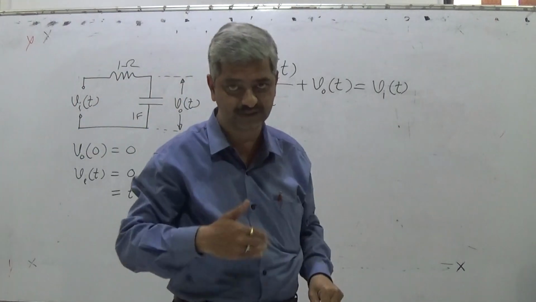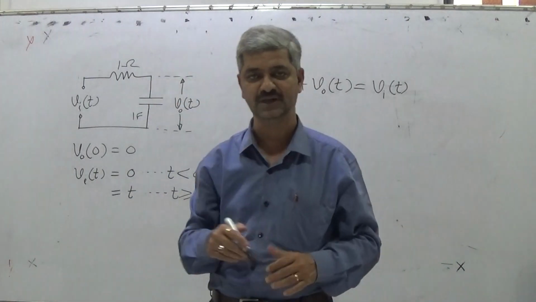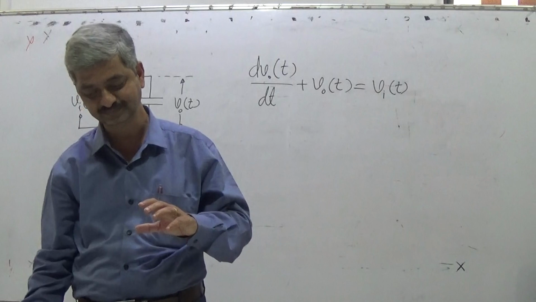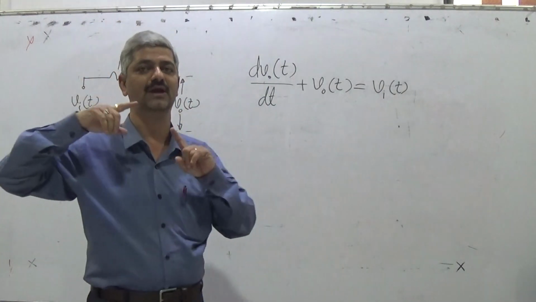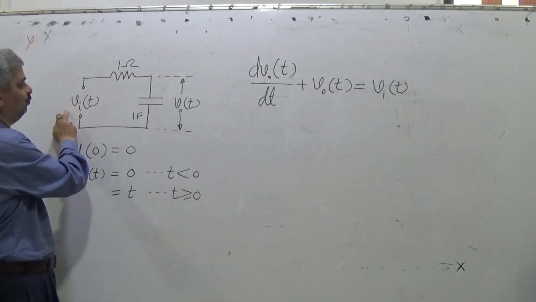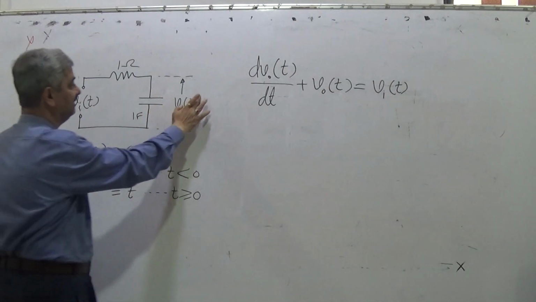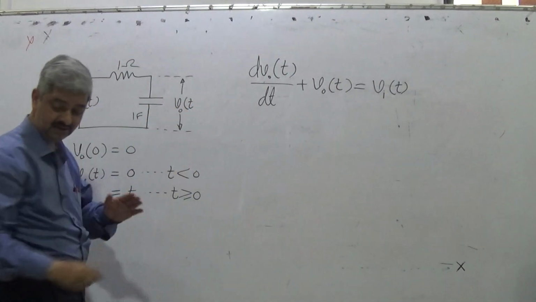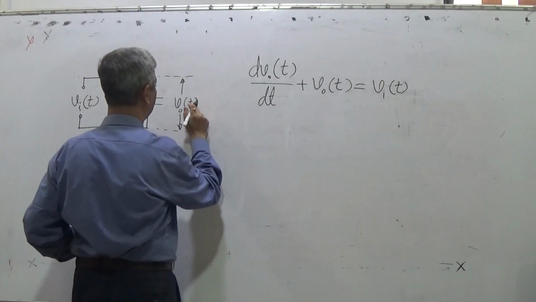Now we would go deeper. If we have a simple RC network, apply input to one end and obtain output at the other end, then the input-output relationship is of a very peculiar nature.